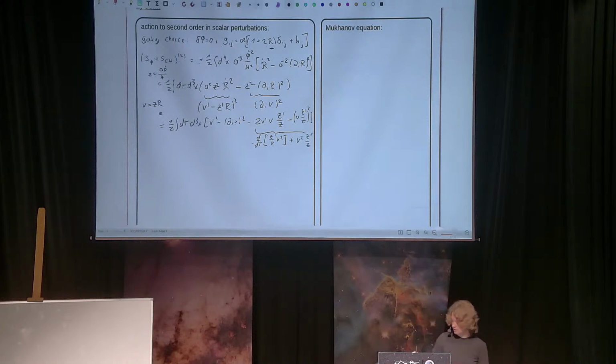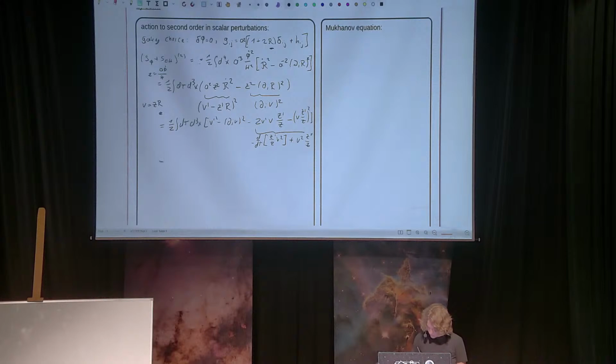I mean, to see this, just act with the derivative here, do the chain rule, and you'll see you'll reproduce exactly this term up here, apart from the double derivative on z, which you have to subtract here. But now, since we're in an integral, we're just going to do partial integration, meaning we just drop this total derivative.